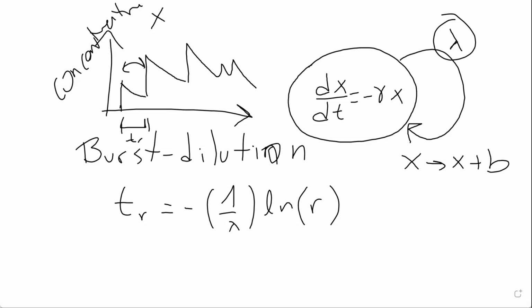There are different ways to model this. You can start, for instance, by saying that b is 1. You can say that b is a given number, or you can say that b is a random number.